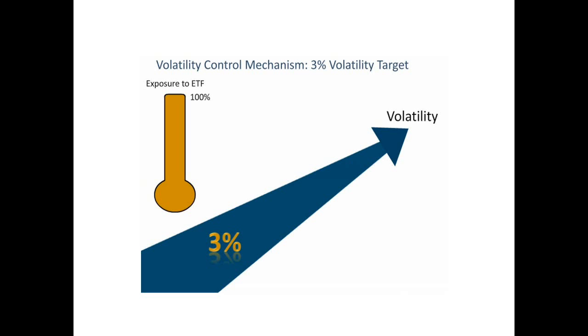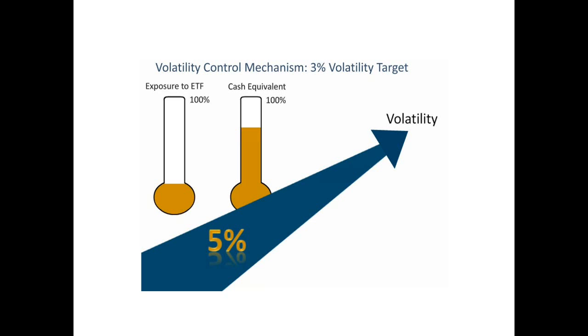However, if something happens to cause volatility, interest rates change, there's a spike in interest rates or something along those lines, and the actual volatility of the ETF goes up beyond 3%, then the JP Morgan index reduces its exposure to the index, softening the blow, and moves a corresponding amount into cash equivalents.